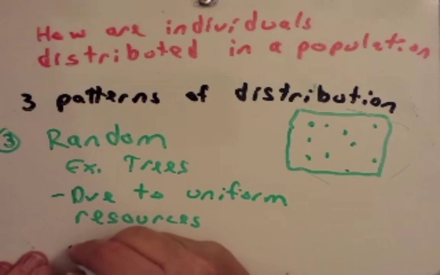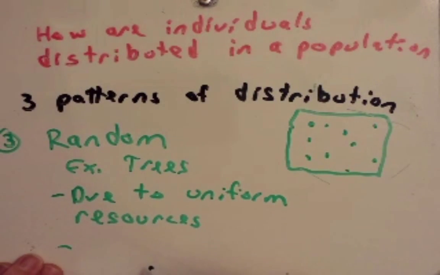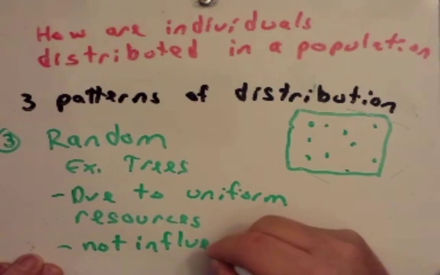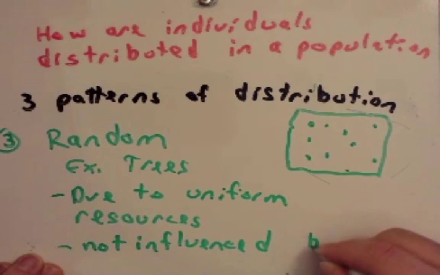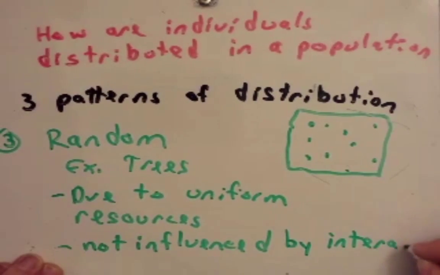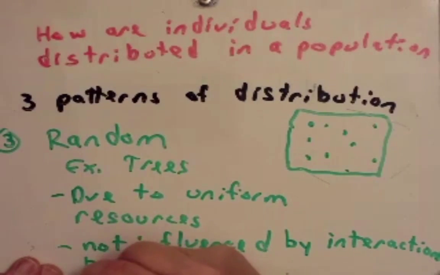In fact, we can say that random distribution, unlike the other two, is not influenced by interactions between individuals.